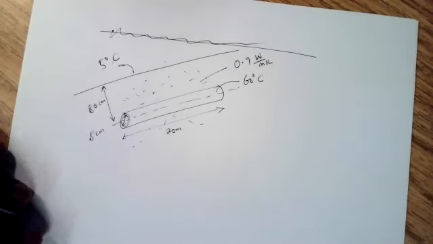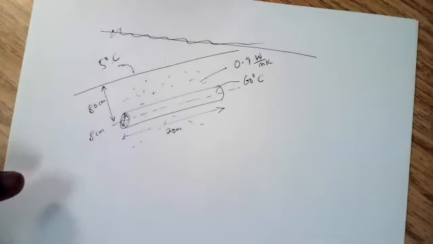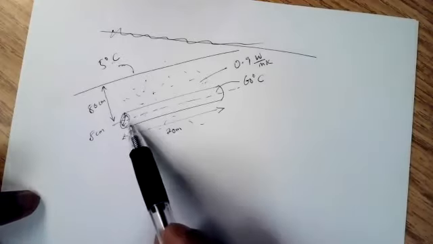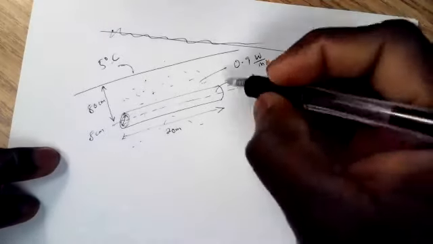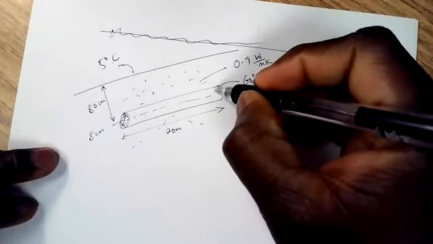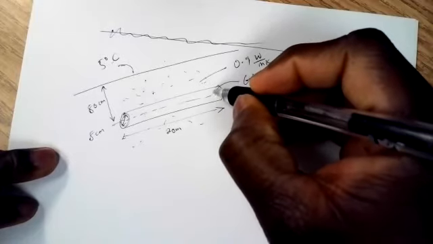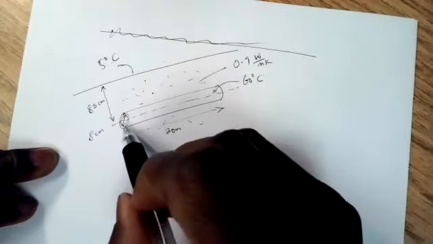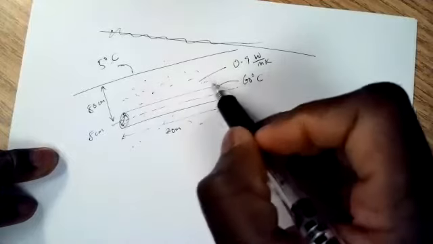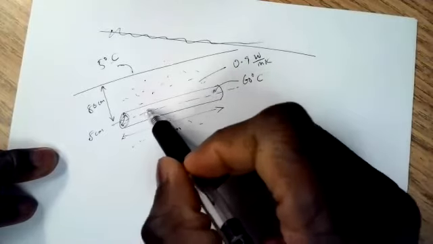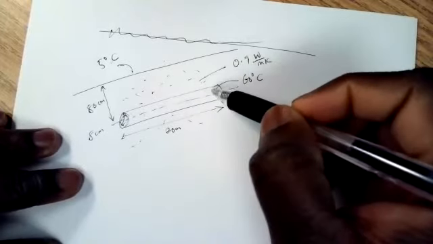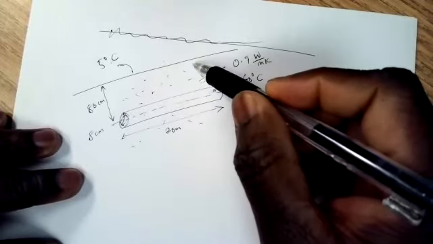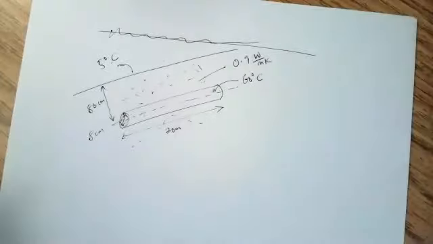In this case, I don't think the question is asking us to find the heat loss through the pipe. We already know the temperature at the outer side of the pipe. We are not considering the temperature inside. Half of the work has been done for us already. So we just have to consider how much of that heat goes out.